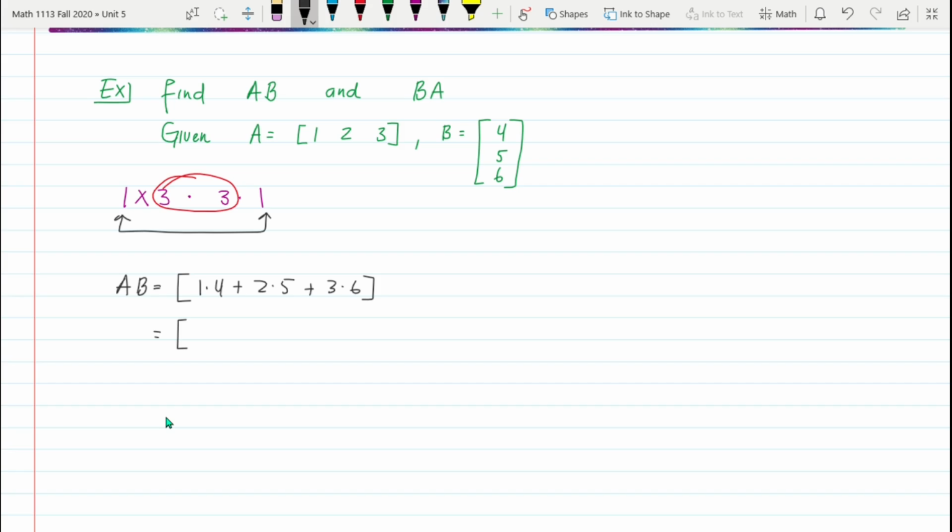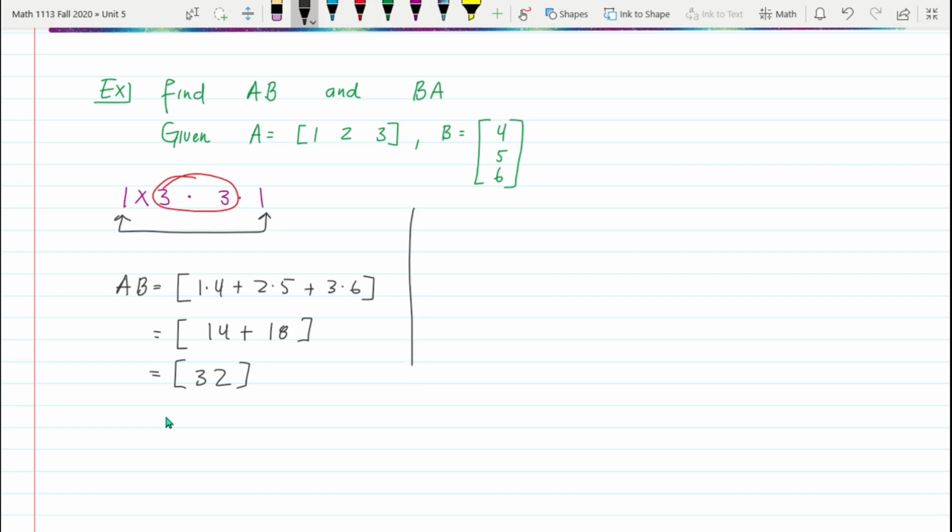So 4 plus 10 is 14. 14 plus 18, I believe, is going to be something like 32. So AB is the matrix with one element, 32.